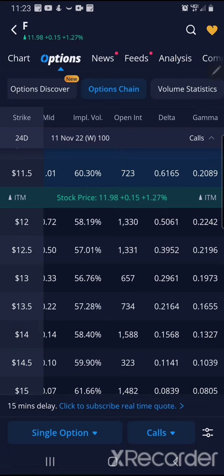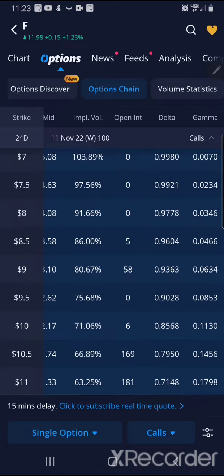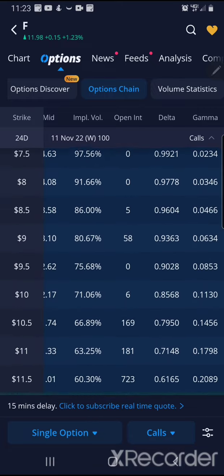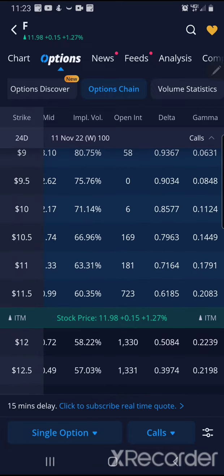There are even ways to do what they call a synthetic stock ownership. If I bought Ford at $11.98, it cost me about $1,200 for 100 shares.